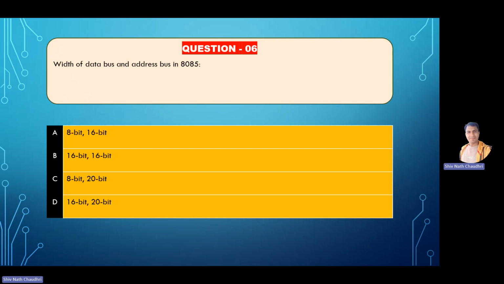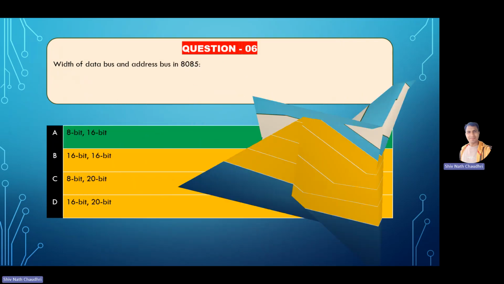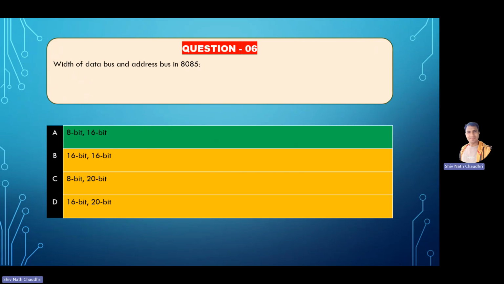So we can say 8-bit is the width for the data bus and 16 is the width for the address bus in 8085. What should be the right answer? 8-bit and 16-bit. Okay, so option A is right. Yes, option A is right for this question.